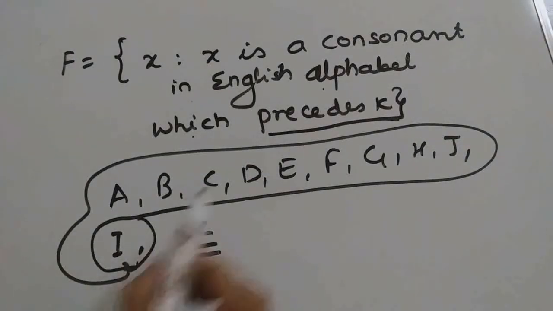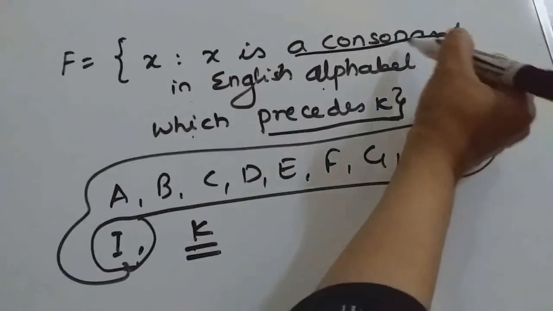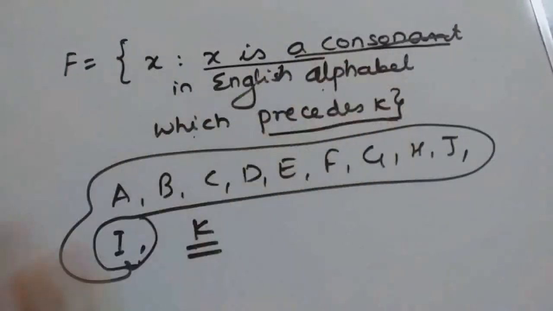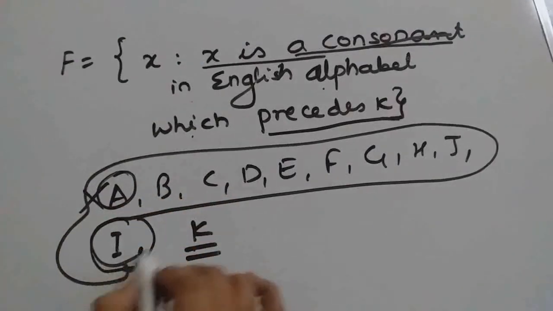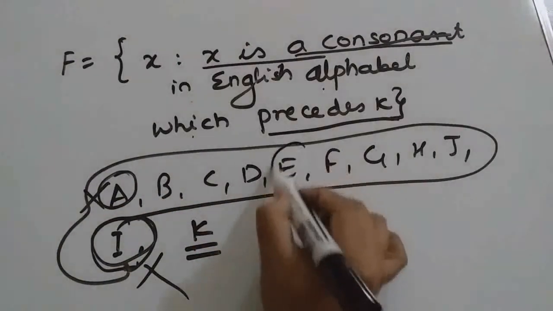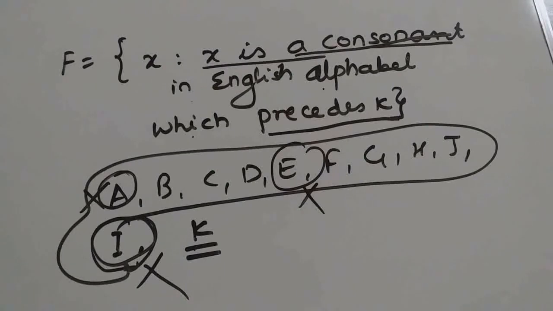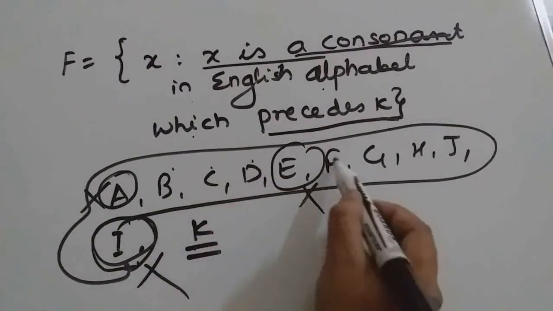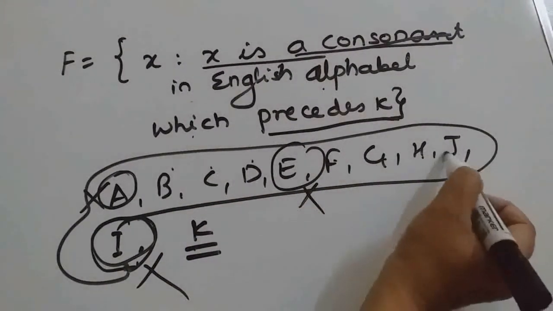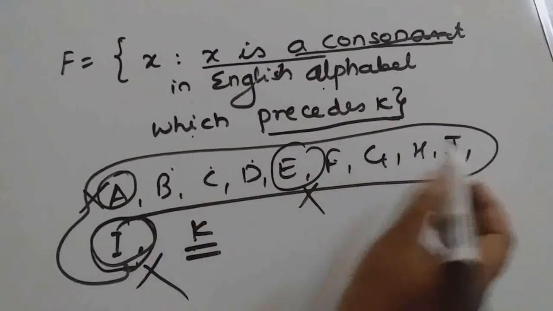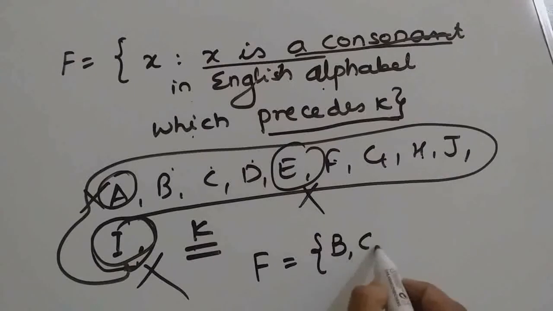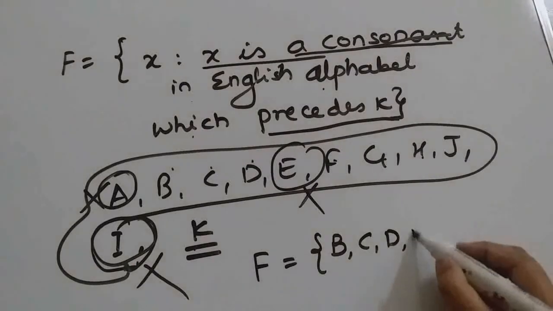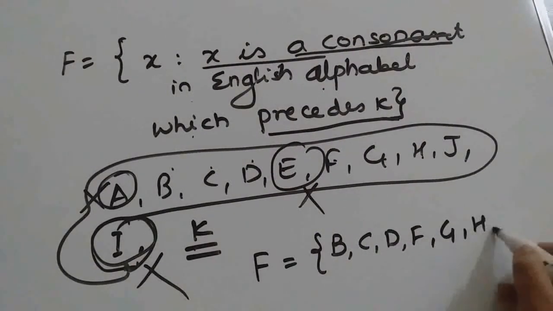Now in this also one more condition is given, consonant. X is a consonant. That means vowels won't come. So this A will go, I will go. E also will go. So what elements will be left? B, C, D, F, G, H, J. Okay. So these elements will make set F. So F set will be B, C, D, F, G, H and J.